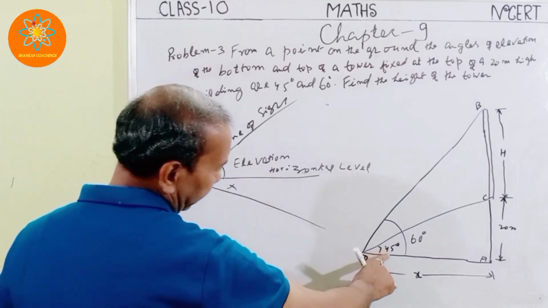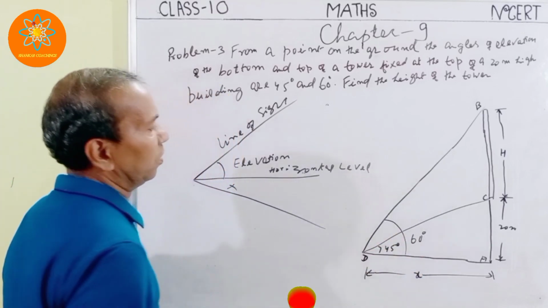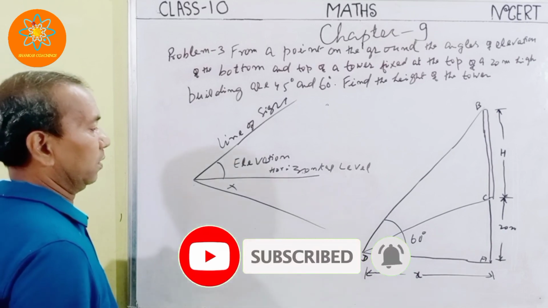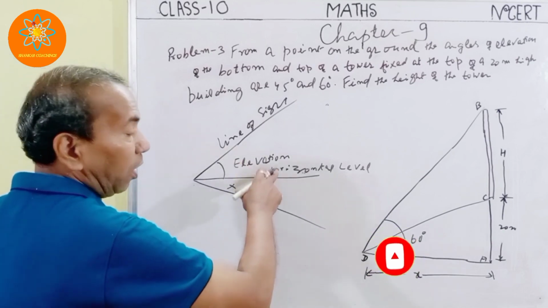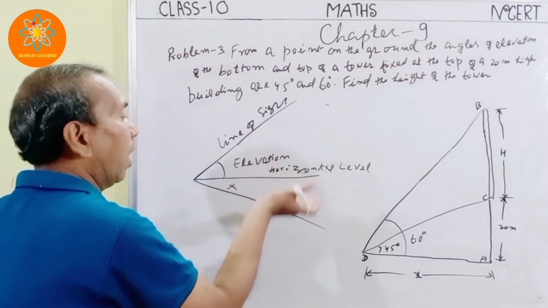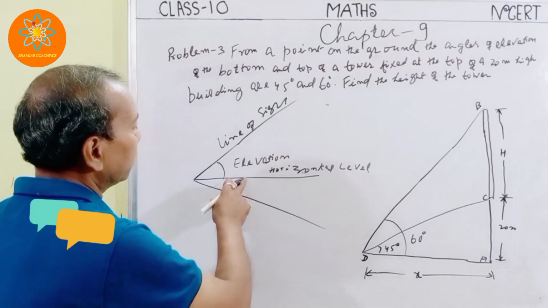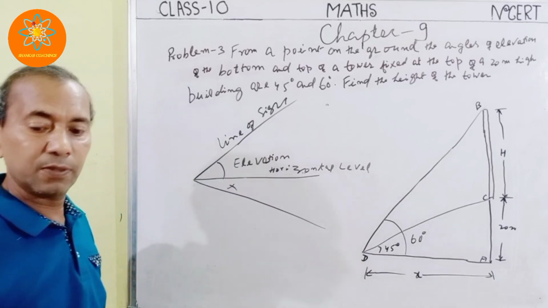So this 45 degree elevation angle, and this 60 degree also elevation angle. Elevation is above the horizontal level. If it is below the horizontal level, then that will be the angle of depression.